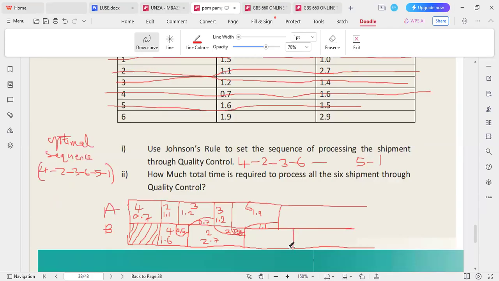So this one is taking how many hours longer? 0.3 hours. So 1.4 minus 1.1, 0.3. So it's taking 0.3 hours longer.